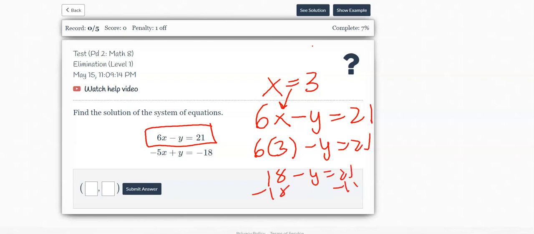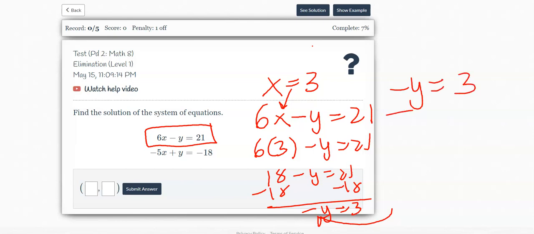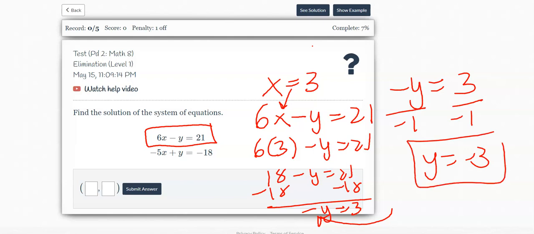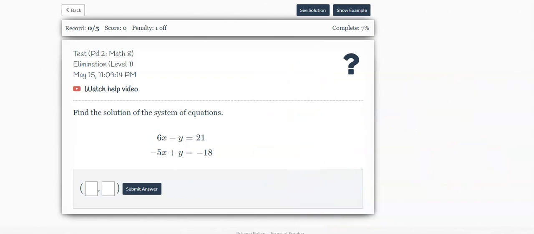Subtract 18 from both sides. -y equals 3. And now I have to get rid of that negative sign. So if -y is equal to 3, I divide both sides by -1. And y is -3. X was +3. Y was -3. So 3, -3 is what I'm going to type here.